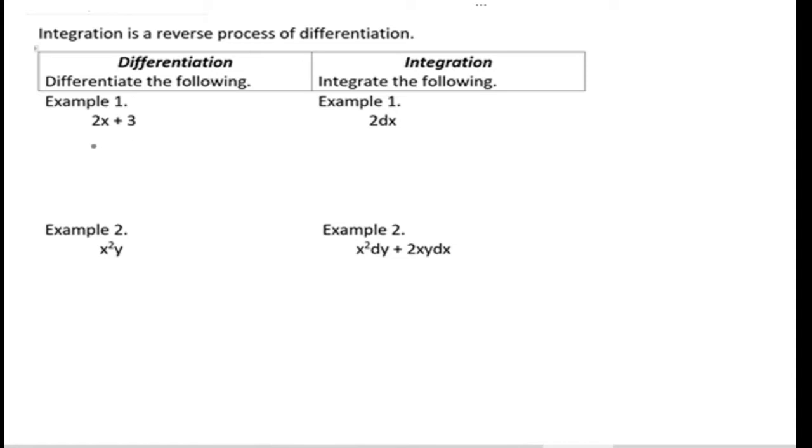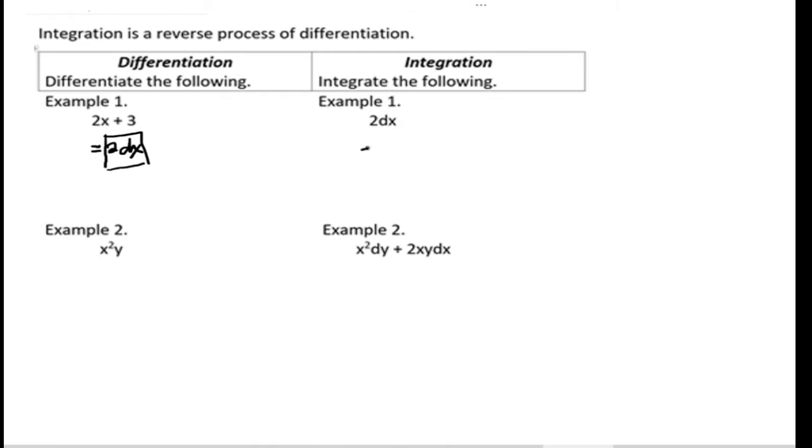If we differentiate this expression, the differential of 2x is 2dx, then the differential of 3 is 0. So our answer is 2dx.